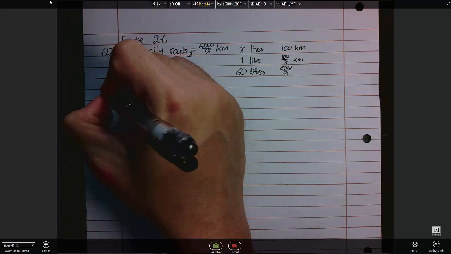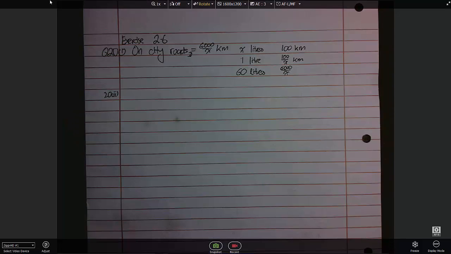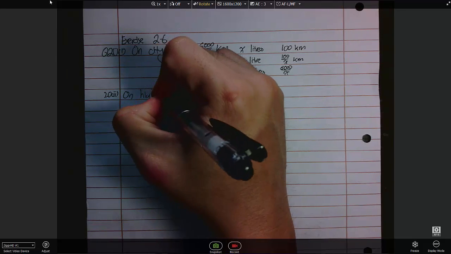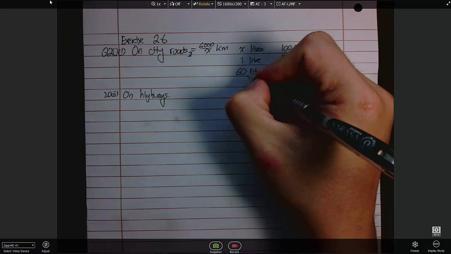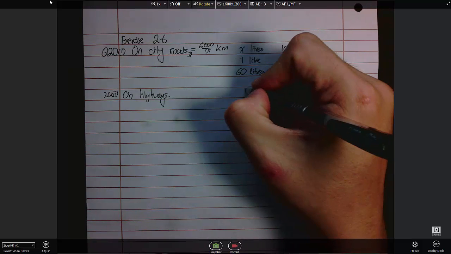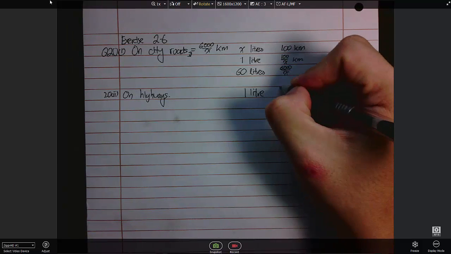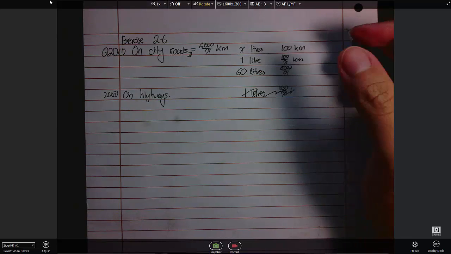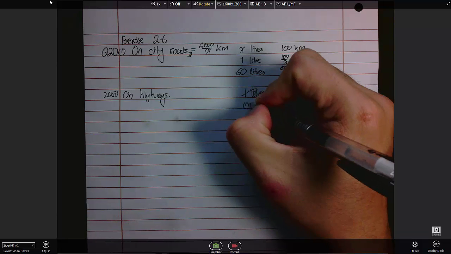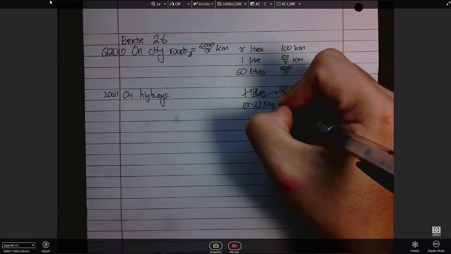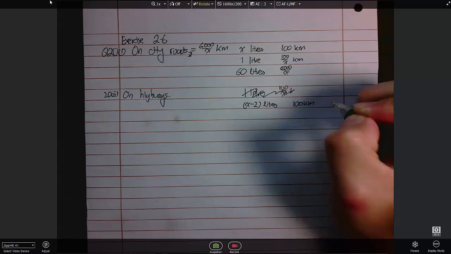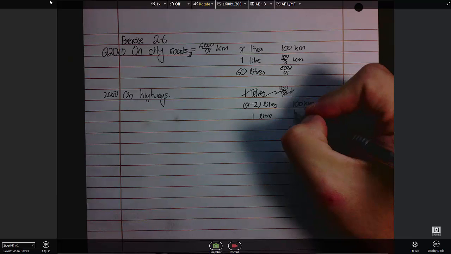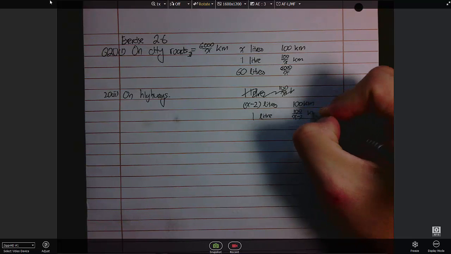Okay, for 20 part 2, similar idea. For highways, so I write there on highways. From above we know that 1 liter will bring me 100 over X, or X minus 2 per 100 km. So first I say X minus 2 liters will bring me 100 km. 1 liter, divide by X minus 2, will bring me 100 over X minus 2 km.